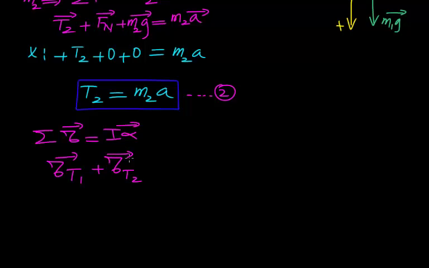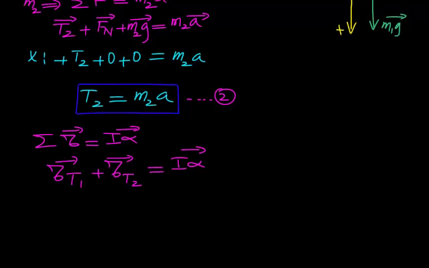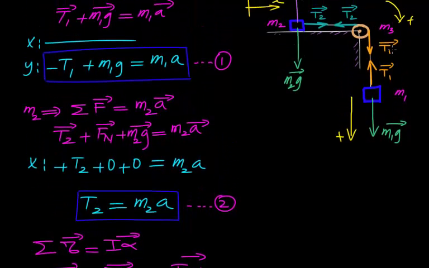We have other forces acting on the axis, which is the center of the pulley, that are all unknowns. Of course their torques are going to be 0 because the axis of rotation is the center of the pulley. We're ignoring those altogether. We need to break this into components, and the components for torques are interpreted as clockwise and counterclockwise.